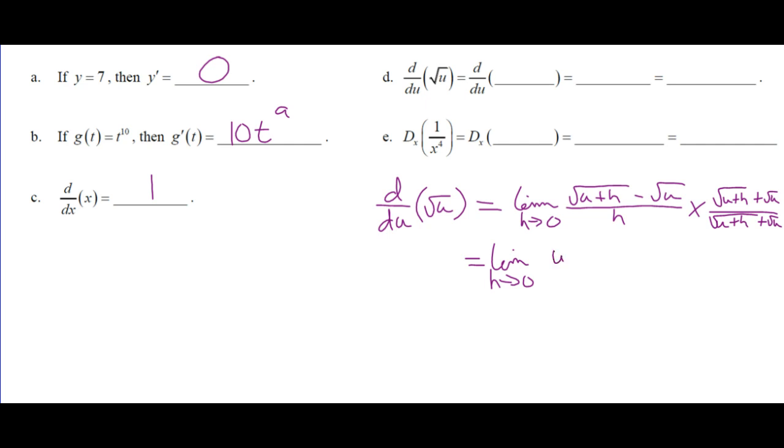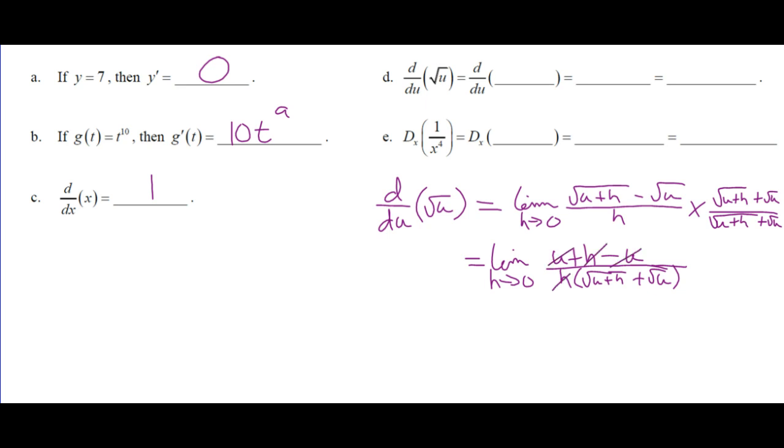It's going to be u plus h minus u, difference of squares, the square of this, which is u plus h, minus the square of this, minus u, over h times the root of u plus h plus root u. So u minus u, 0.